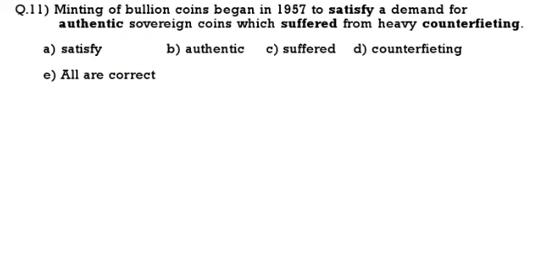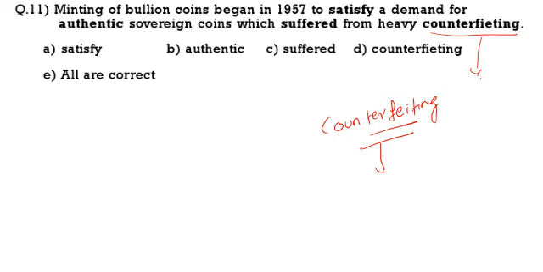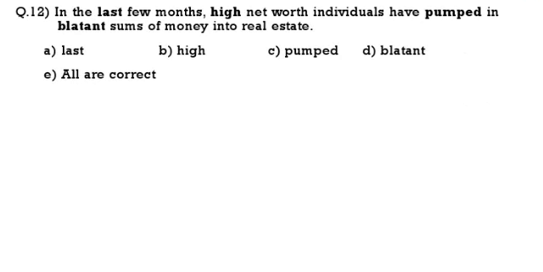So here there is a spelling mistake. The correct spelling is C-O-U-N-T-E-R-F-E-I-T-I-N-G. Counterfeiting means not genuine.